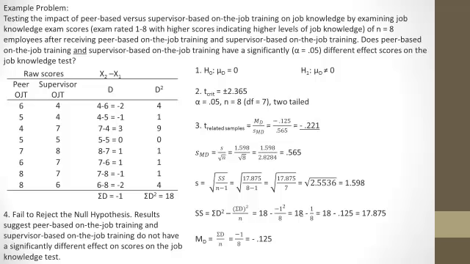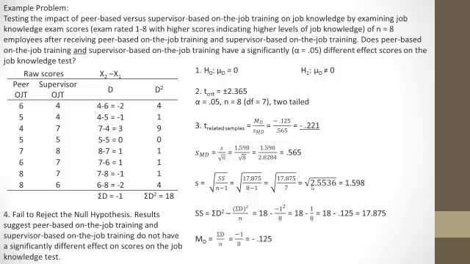This becomes 18 minus 1 divided by 8, which becomes 18 minus 0.125, and you get a sum of squares of 17.875. Then you can plug that sum of squares into your formula for the standard deviation, and now you have the square root of 17.875 divided by the sample size minus 1, or 8 minus 1, which becomes the square root of 17.875 divided by 7.